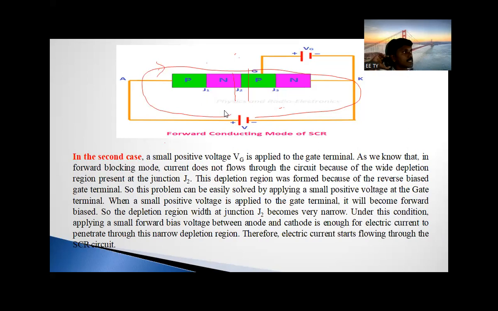That is the easiest method to turn on the SCR and it is the safest method and the efficient method.